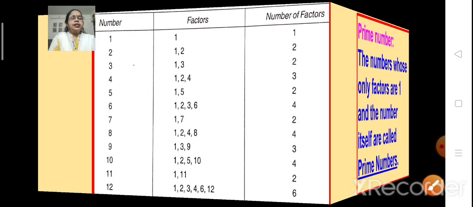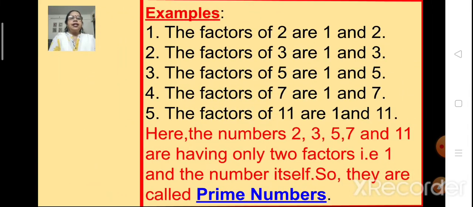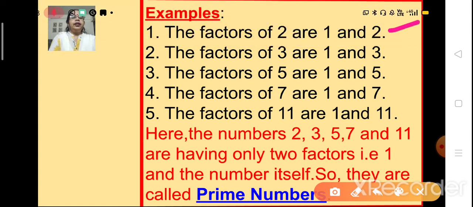Now let's look at the definition of prime numbers. The numbers whose only factors are 1 and the number itself are called prime numbers. Now let's look at these examples. The factors of 2 are 1 and 2. Then the factors of 3 are 1 and 3. The factors of 5 are 1 and 5.